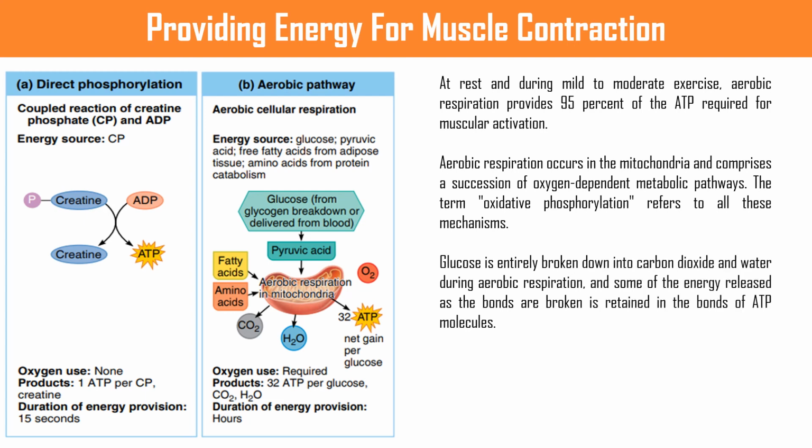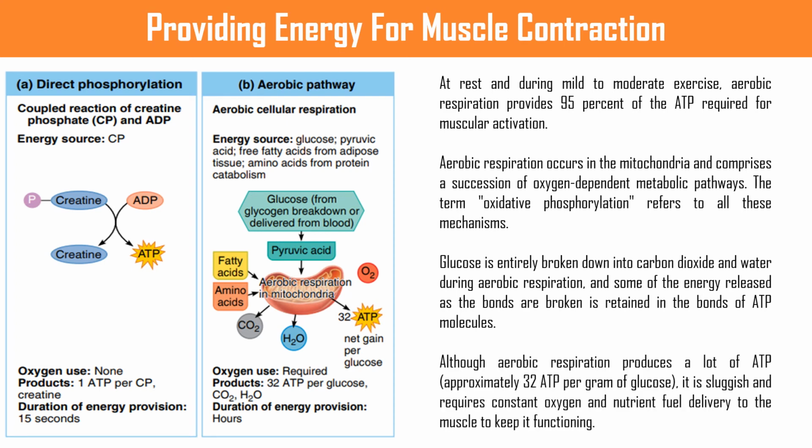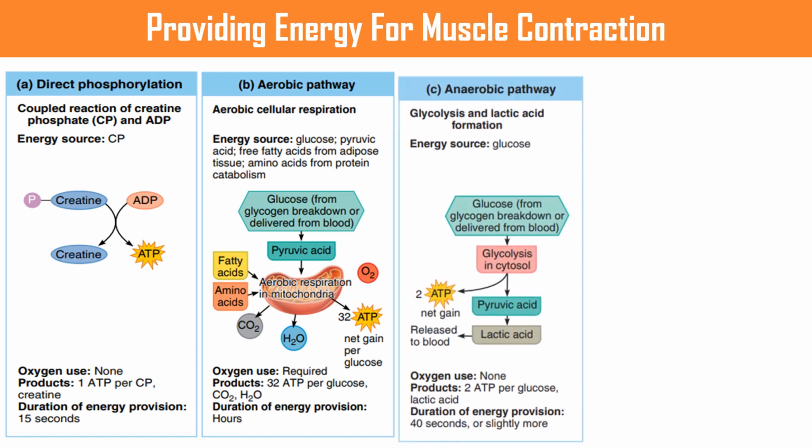Glucose is entirely broken down into carbon dioxide and water during aerobic respiration, and some of the energy released as bonds are broken is retained in bonds of ATP molecules. Although aerobic respiration produces a lot of ATP, approximately 32 ATP per molecule of glucose, it is sluggish and requires constant oxygen and nutrient fuel delivery to the muscles to keep it functioning.